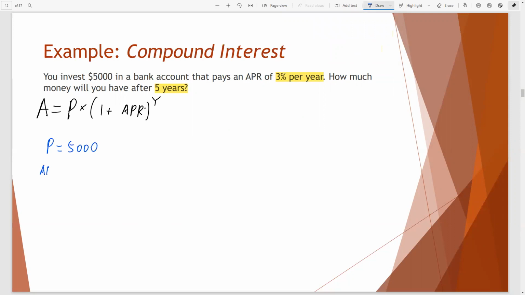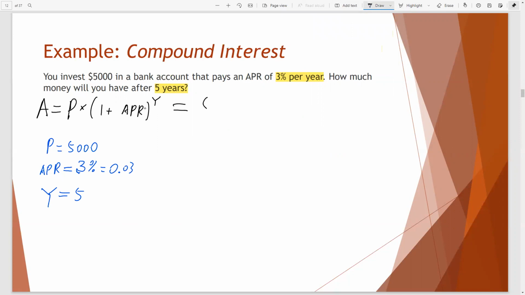The annual percentage rate is 3%, that is 0.03, and the number of years is 5, the term.